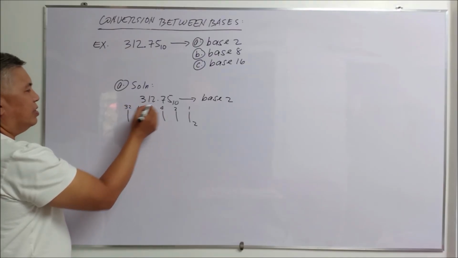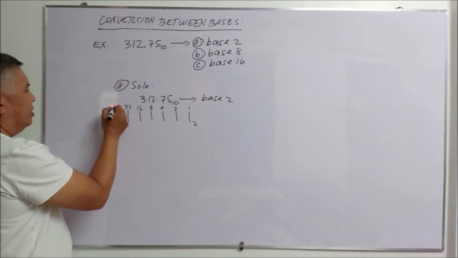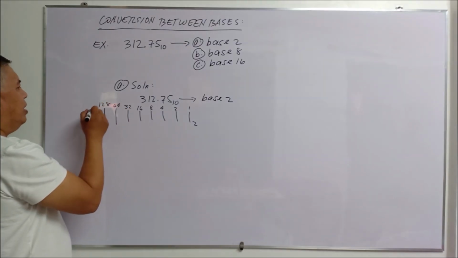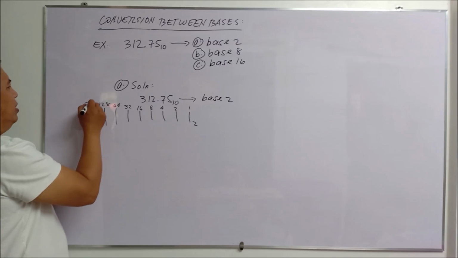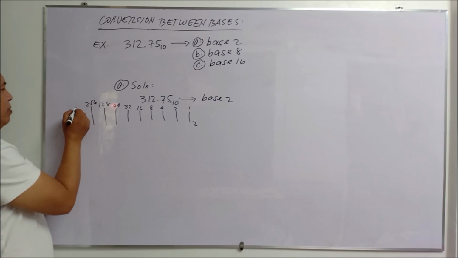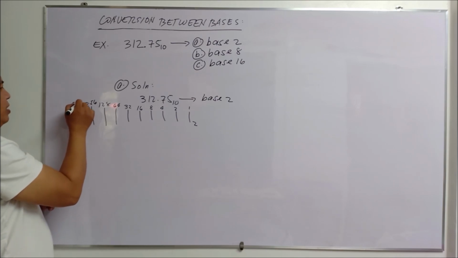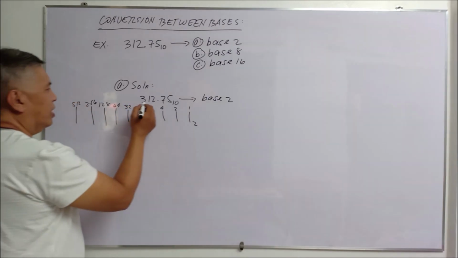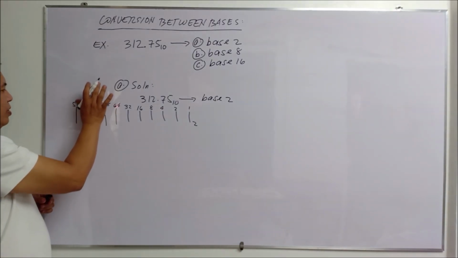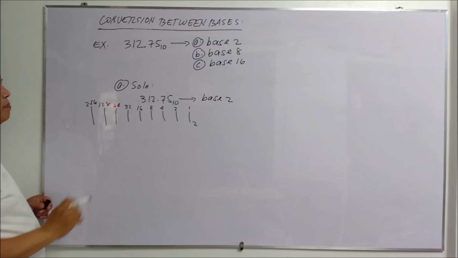We add, because this is 312. Okay? Because the next number is 512, which is greater than 312. So this will be disregarded.